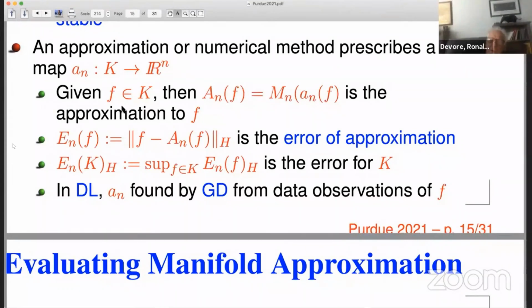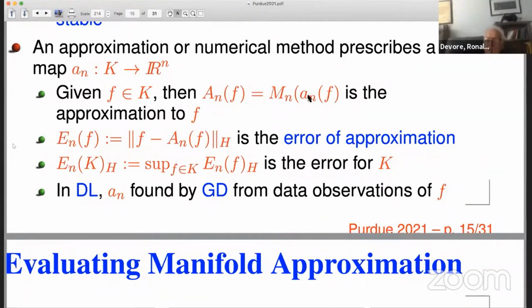So the form of approximation that's encompassed by deep learning and neural nets is what we call manifold approximation. We're approximating not from a linear space, not by something like polynomials or splines, where we have a fixed linear space. We're approximating from a nonlinear manifold.